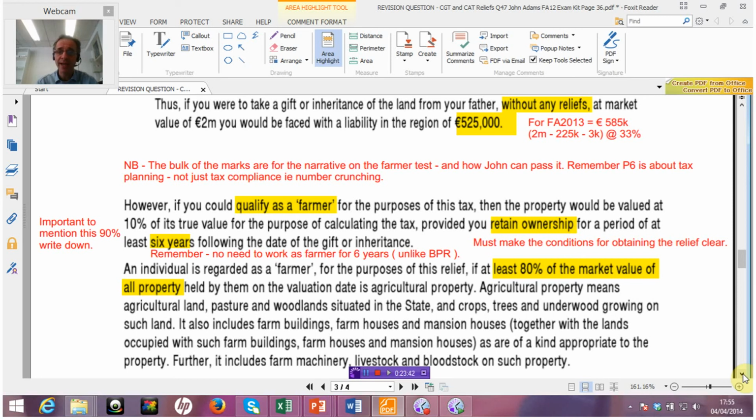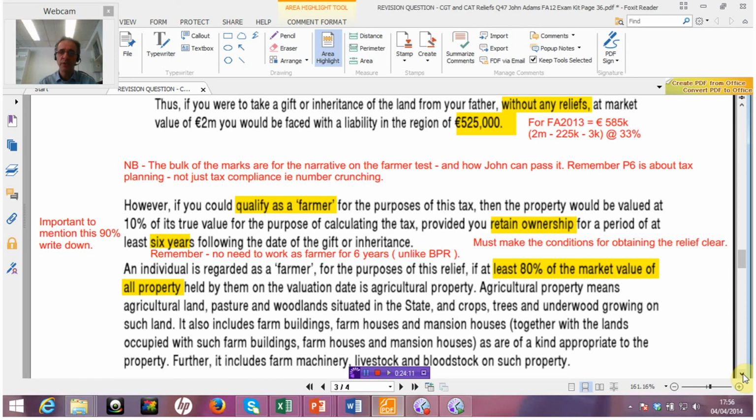And really that involves that 80% percentage of market value of all property. So really what we're saying is that the individual concerned, i.e. John, must satisfy this test. Okay, and how is he going to do that? You'll note from the answer a little bit further down that the problem he has is that in the first instance he doesn't actually satisfy it based on the gross value of his assets.